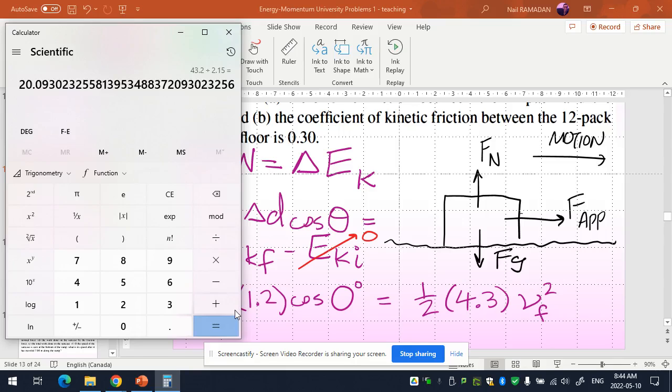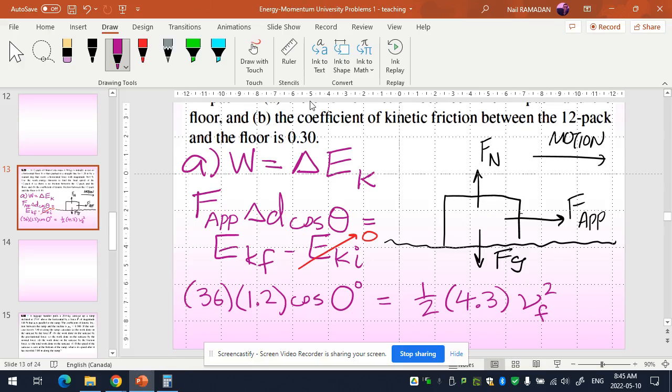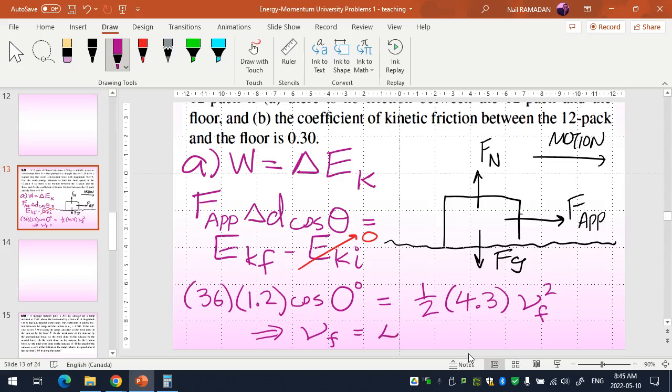No, that's the square of the final speed. So we need the square root of this. If you square root this one, boom, that's it. We expect that the box will make its way up to a speed of 4.482, so just 4.48. So VF equals 4.48 meters per second at the end of the 1.2 meter distance.